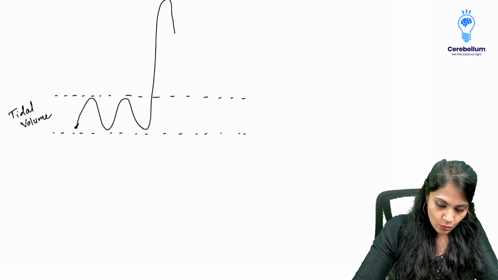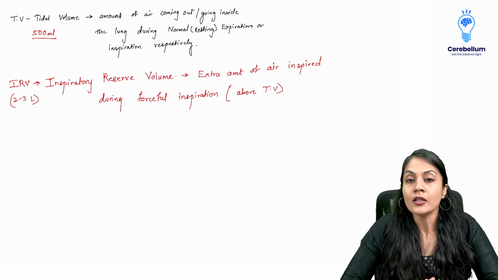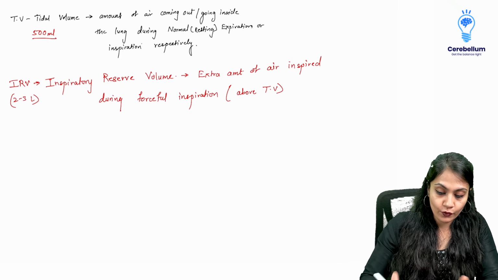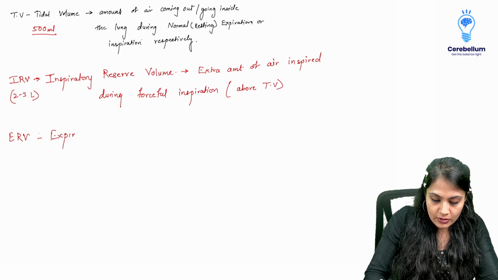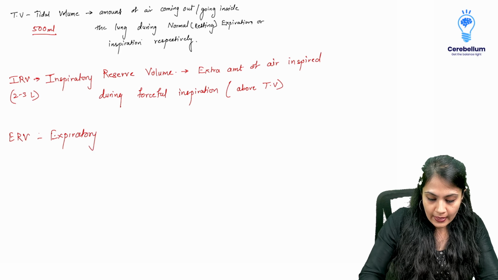Please remember, it is above the tidal volume. That means we are not going to include the tidal volume into this. So inspiratory reserve volume is the extra amount of air that is going to be inspired during forceful inspiration. The same thing we are going to do in the expiration also, that is known as expiratory reserve volume.